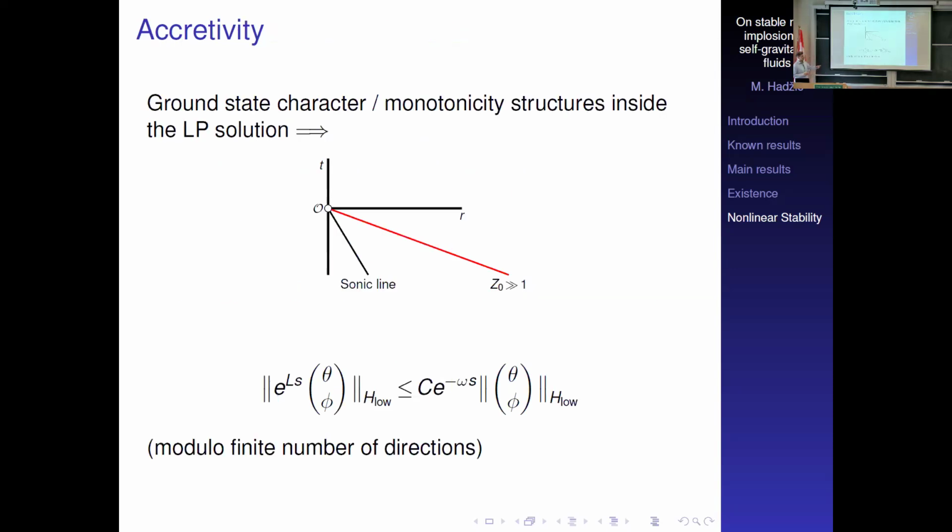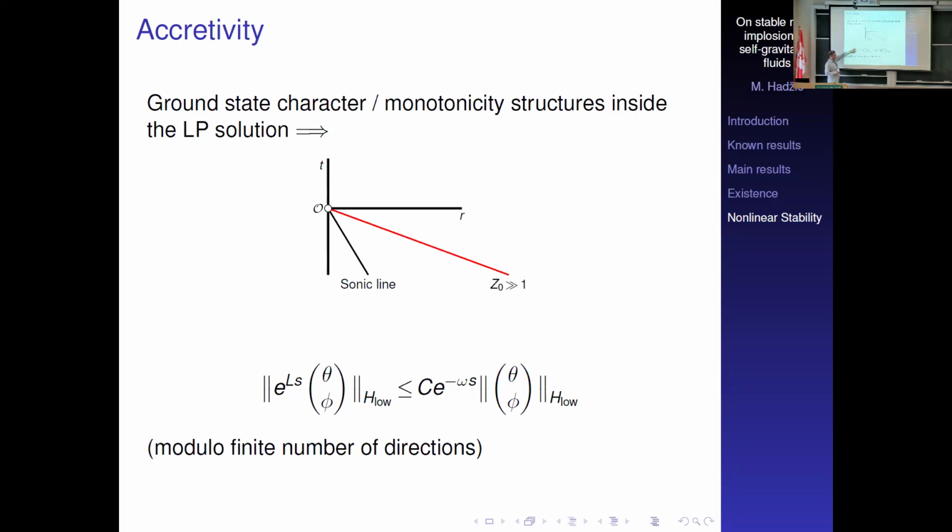So accretivity, I mentioned, we can actually show in arbitrary backward light cones, which is to say that we can show that the semigroup decays, in fact, exponentially fast. Okay? You fix a cone, and then you prove a statement like this. So the constant c depends on the cone, on the z node.